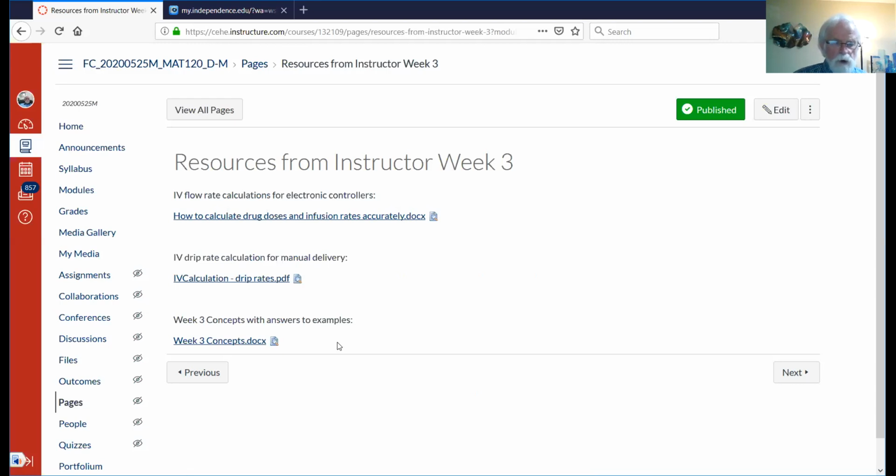And I have posted that document that had 6 problems at the end, with the solutions to those problems as well. So you can take a look at that. And again, if there are problems, let me know. If we need to set up a short Zoom session to discuss things, if you're having lots of problems, let me know and we'll find a time over the weekend that we can do that.